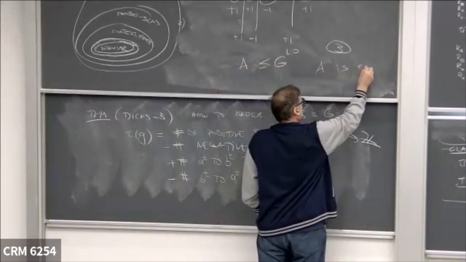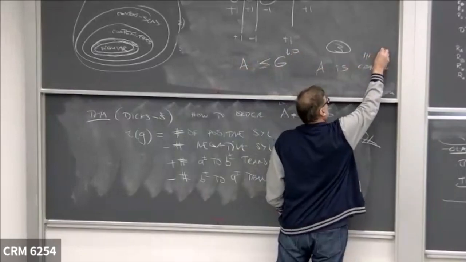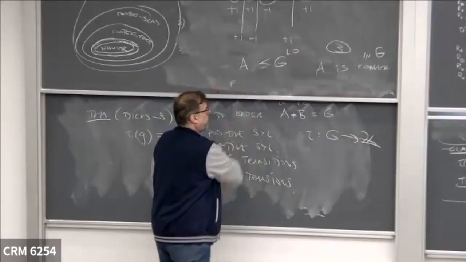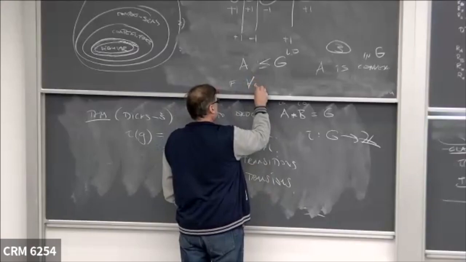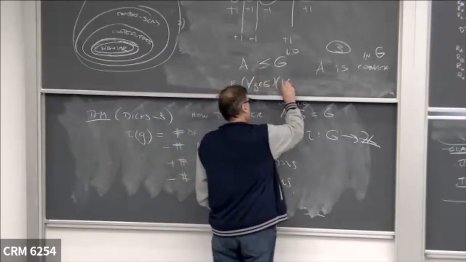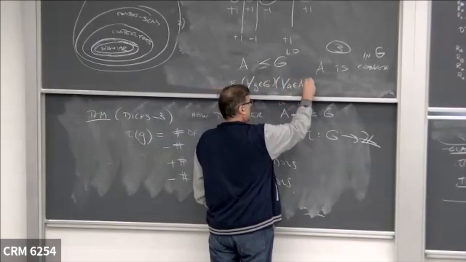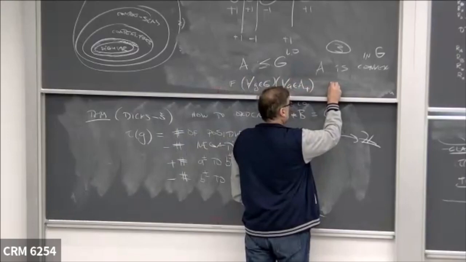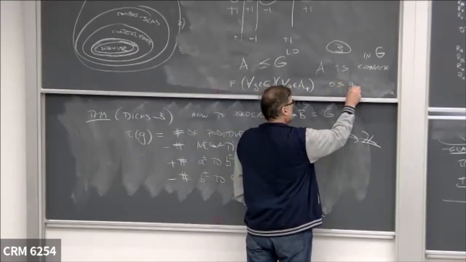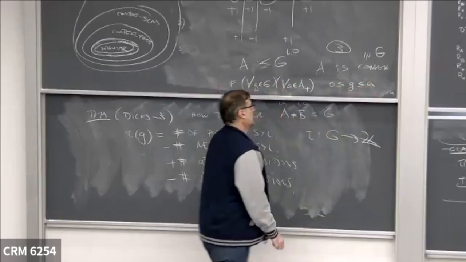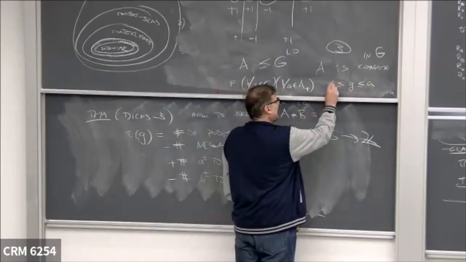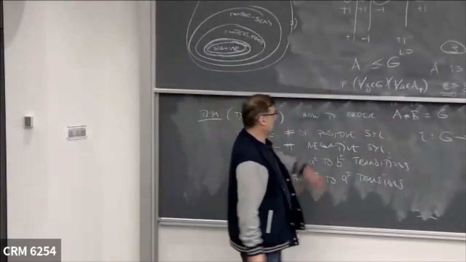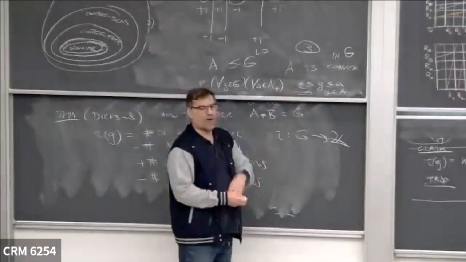A is convex in G if for every g in G and for every a in A plus, so every positive element in A, if g is between the identity and a, then g is in A. All positive elements of A are smaller than all other positive elements.